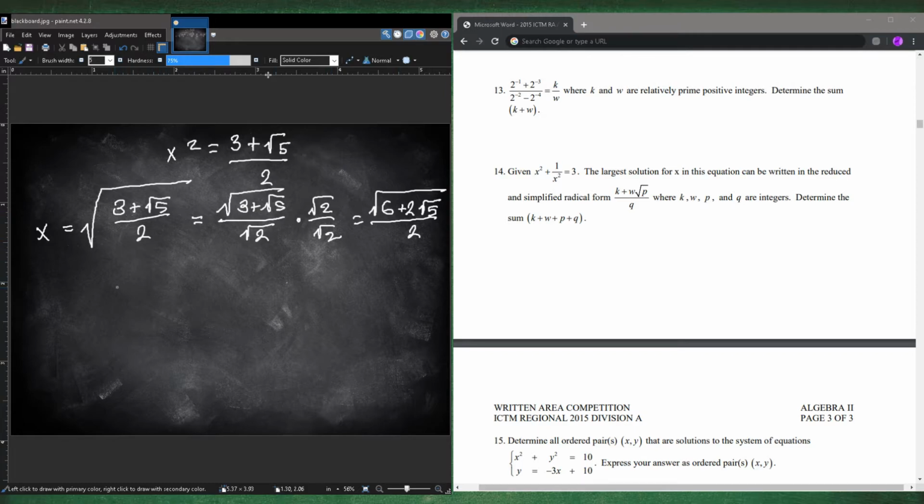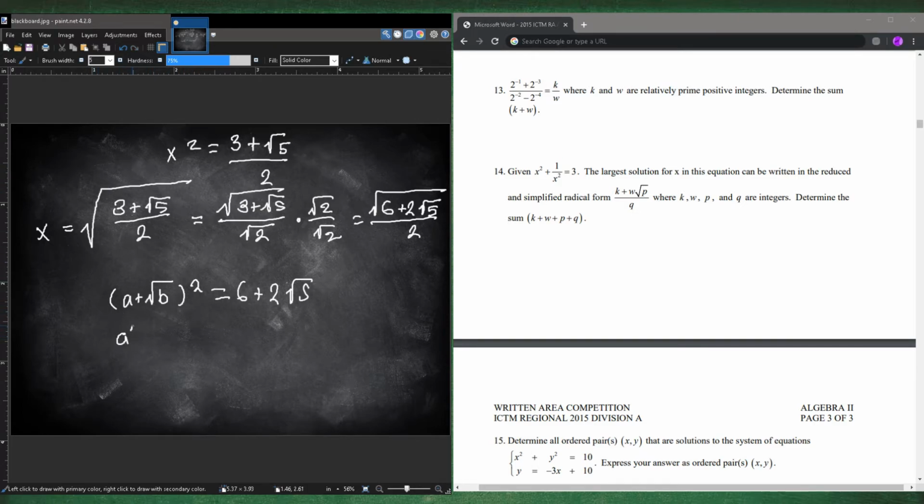So if you think about a plus square root b, squared, as equal to 6 plus 2 square root 5, then if you take the square root of that, the answer is just a plus square root b. Now we just need to find out where our a and b are.